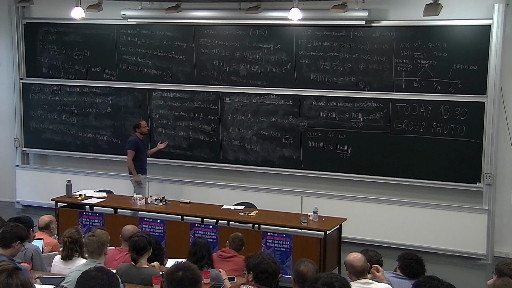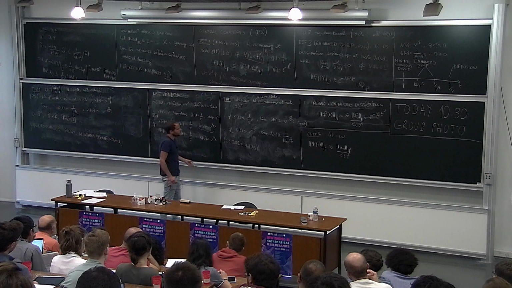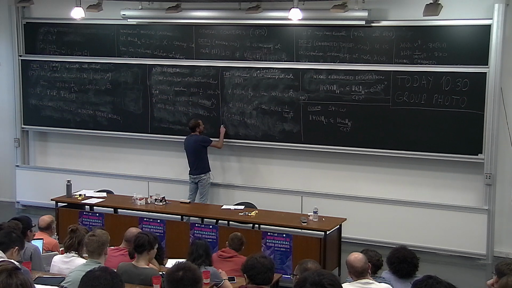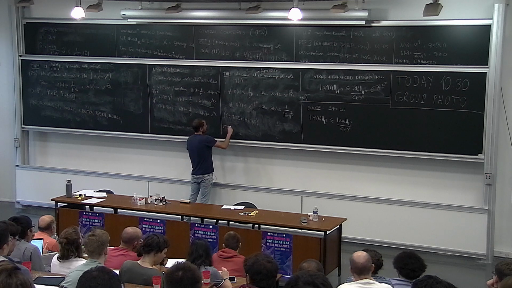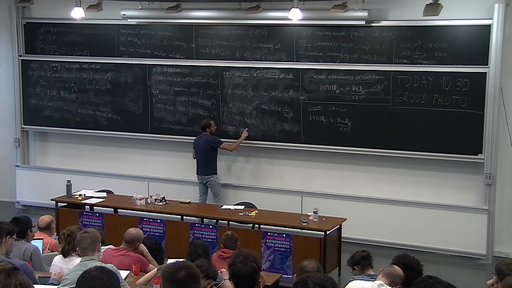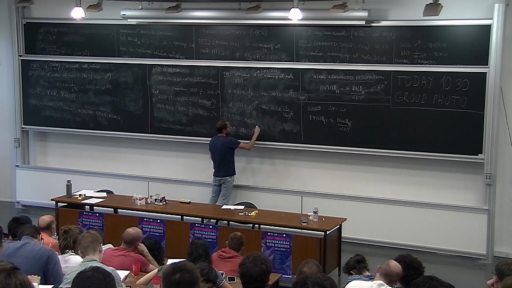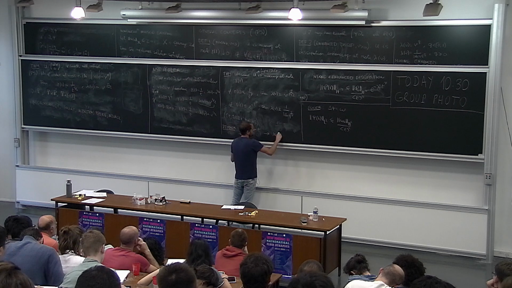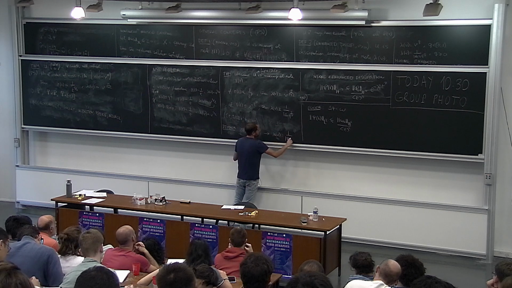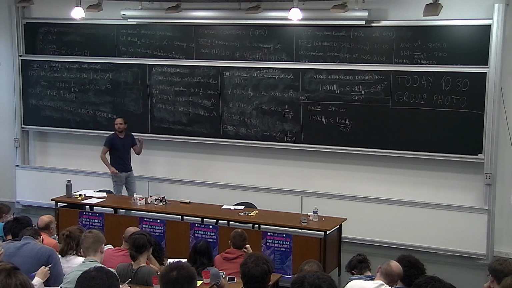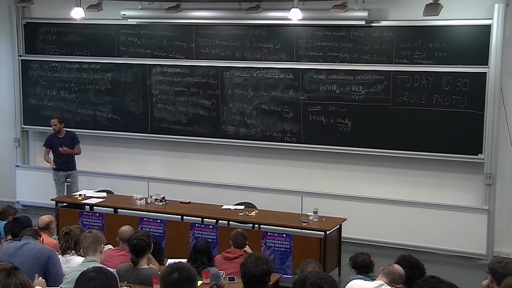OK, so what is believed, I mean, what is true in some instances, just a remark, is that if gamma of t is exponential, then lambda nu is 1 over log nu. OK, so exponential mixing goes with log nu.